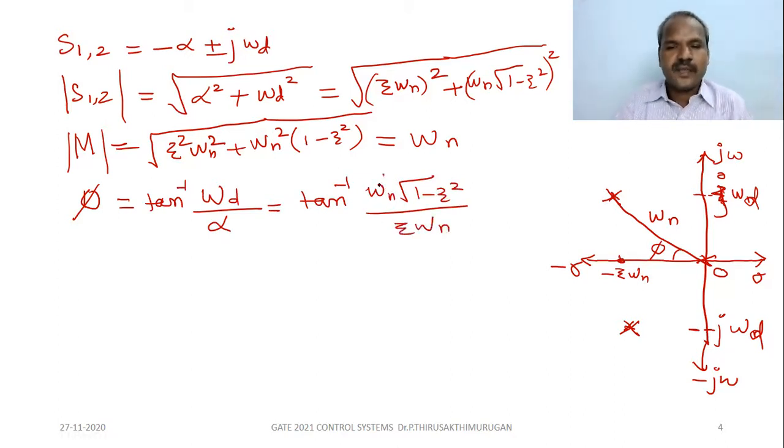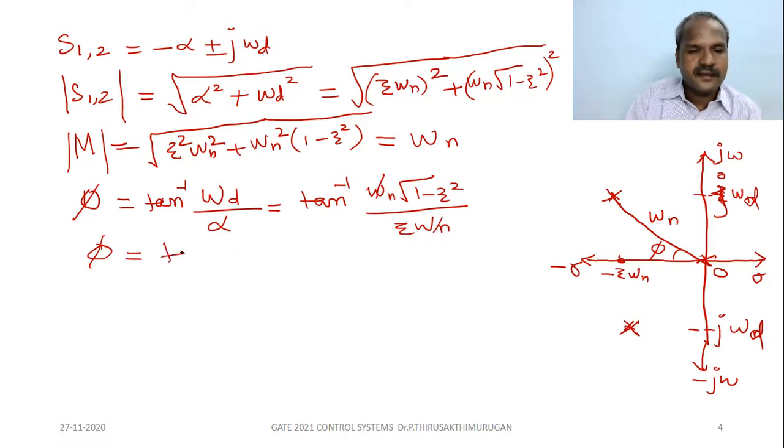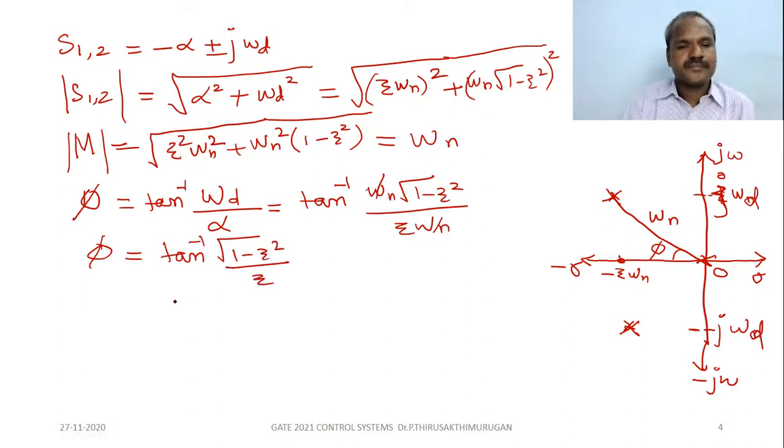Omega n cancels. So the phase angle is always represented by tan inverse of square root of 1 minus zeta square by zeta. Understand?